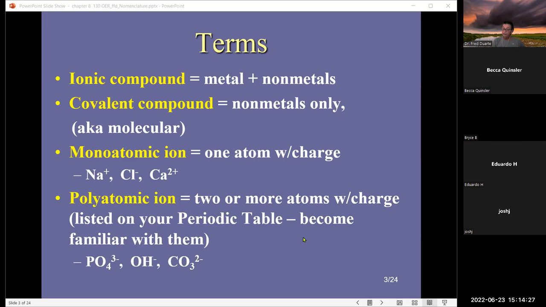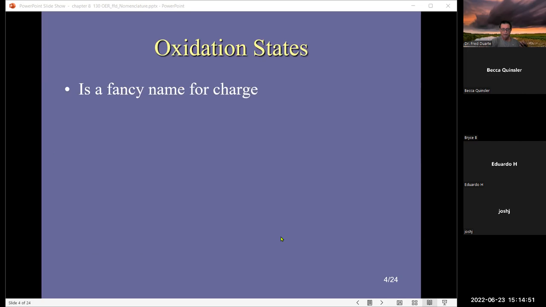And then we introduced the polyatomic ions today in that table, okay, where there are two or more atoms, specifically nonmetals, that are combined, but the whole molecule has a charge, okay? So be familiar with them, at least be able to identify them. And the thing to remember about the polyatomic ions is we keep them together as a unit. We don't separate them, okay?